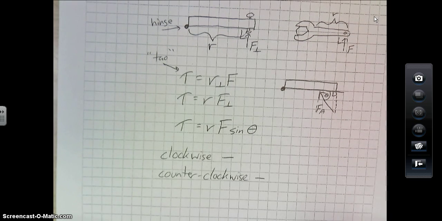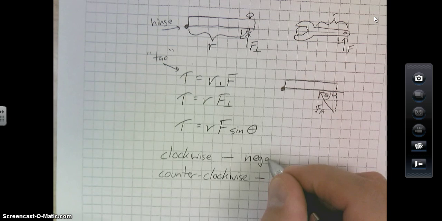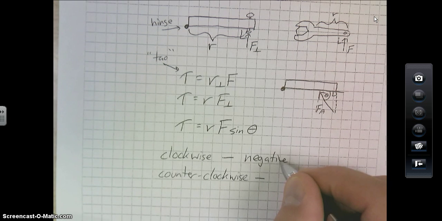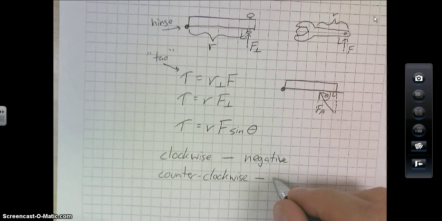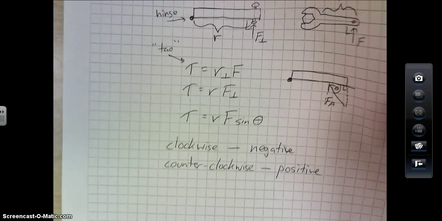Generally, clockwise rotation is deemed negative, and counterclockwise is deemed positive. And I didn't make those up, that's just the way it is. So tomorrow in class we'll do a couple examples of how to solve problems with this particular value. But now I'm going to go ahead and move on to equilibrium.